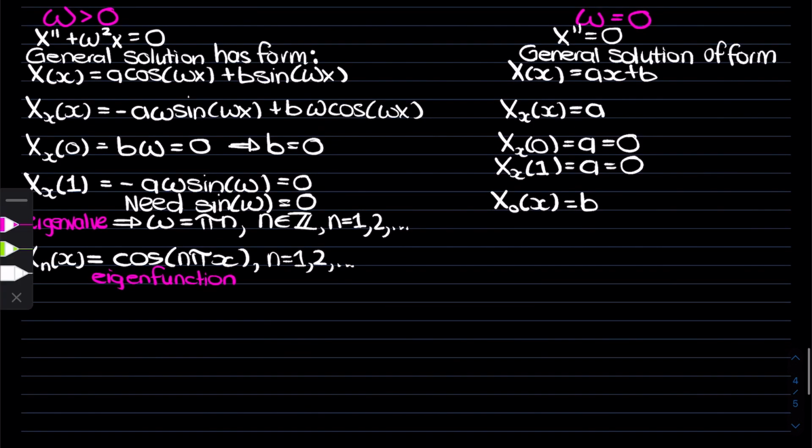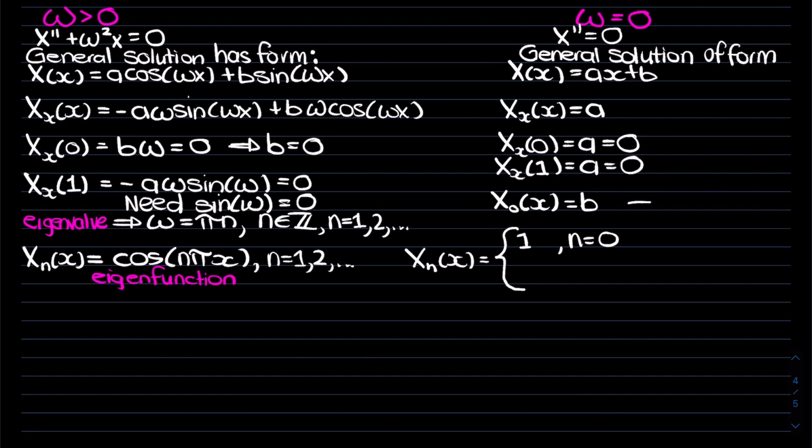So now we can write the proper eigenfunction, which takes into account both lambda equals 0 and lambda greater than 0 cases. So I'll write X_n of x, and that can equal 1 for n equals 0.